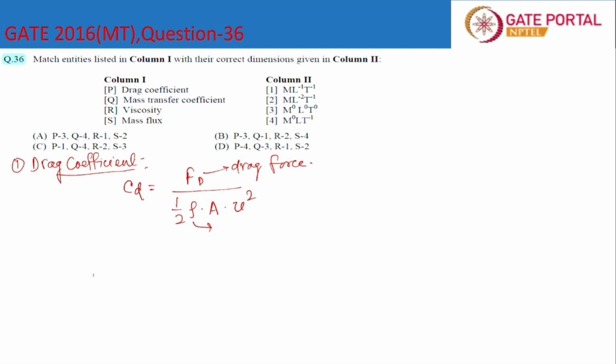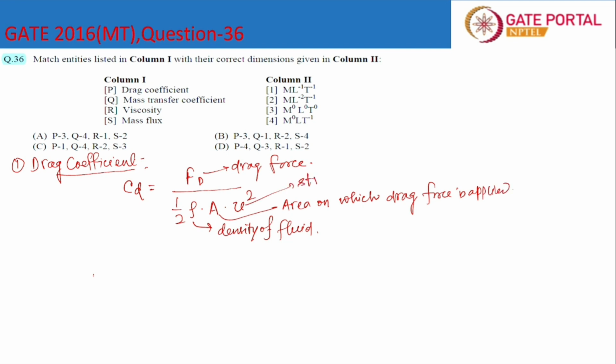So this rho is the density of fluid. This A is the area on which drag force is applied. And this U is the stream velocity.